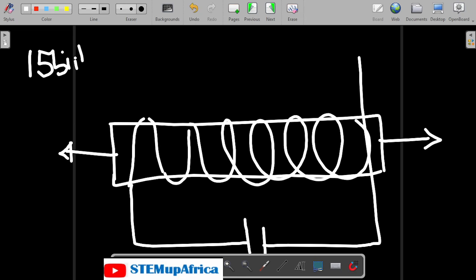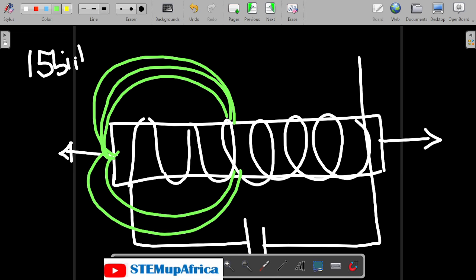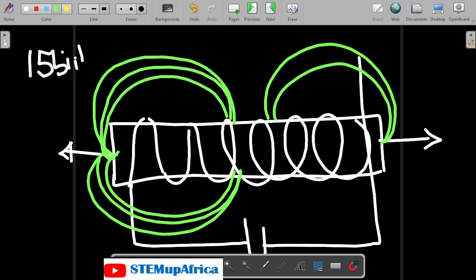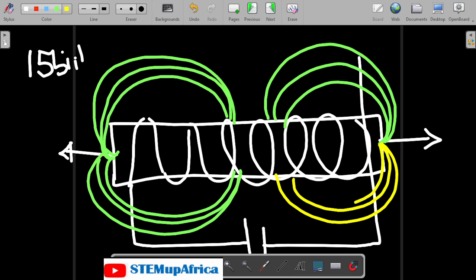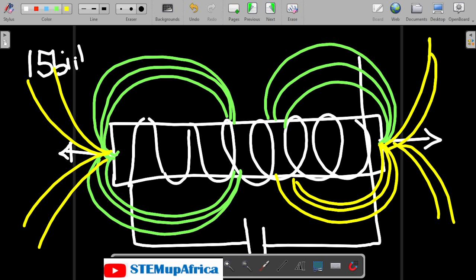So we have the first point, say from here to here, here to the second point, then here I have another point, let's say from here to here also, and the other one will be in this manner also. So we also have our field in this direction. So you must indicate the direction.